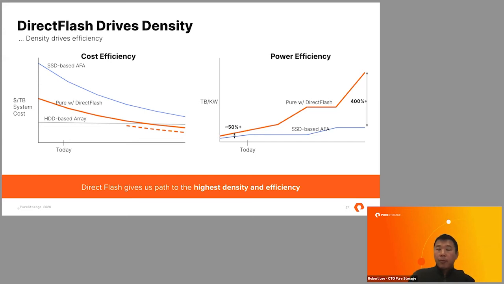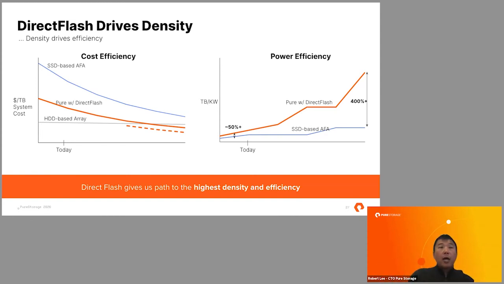So said another way, if we can build far denser systems than the competition, to ship a petabyte of storage, I have to ship far fewer Intel processors, far less DRAM, far fewer chassis, far fewer networking cards, far fewer everything around the storage.